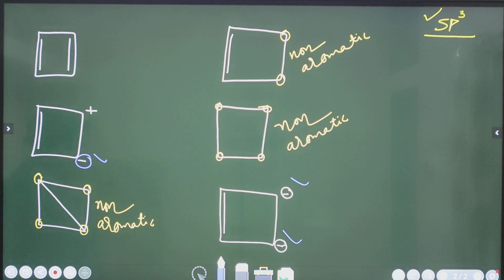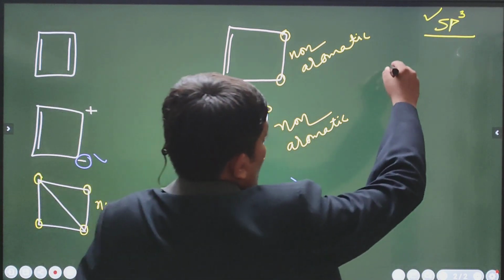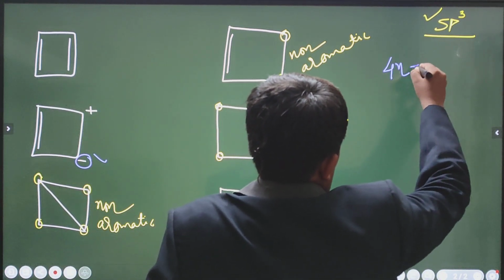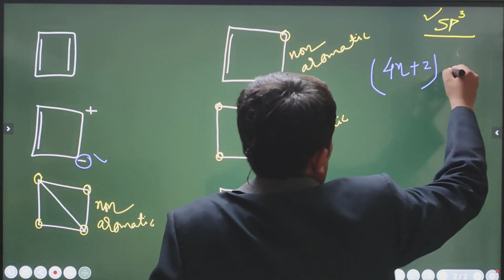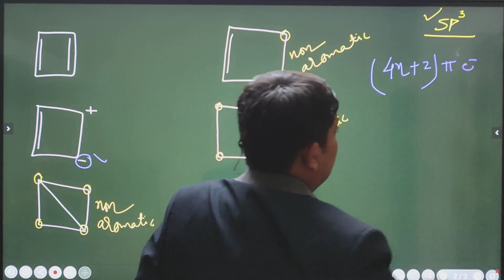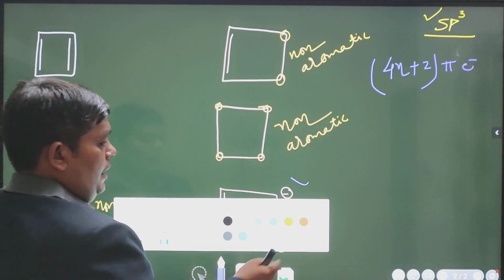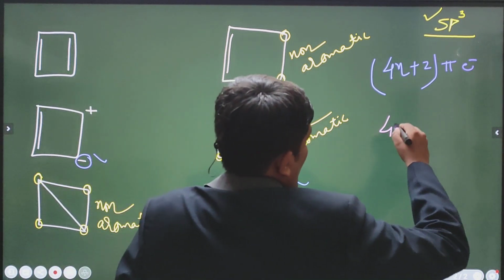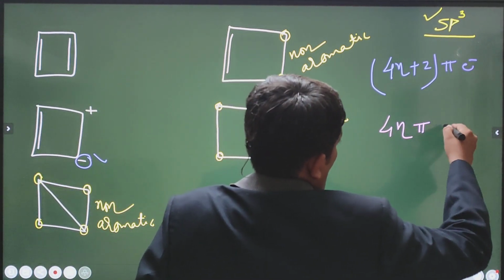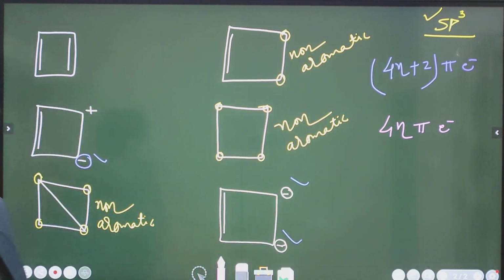So now you have 2 choices left with you. Choice number 1 is 4n plus 2 pi electron choice, that is aromatic, and 4n pi electron choice, that is anti-aromatic.